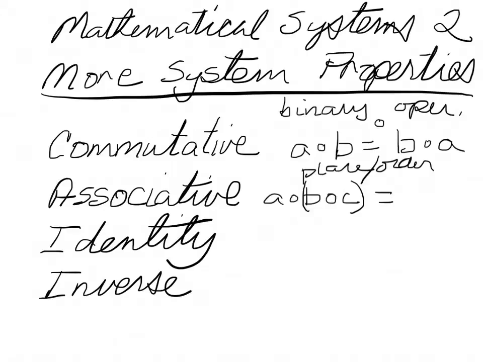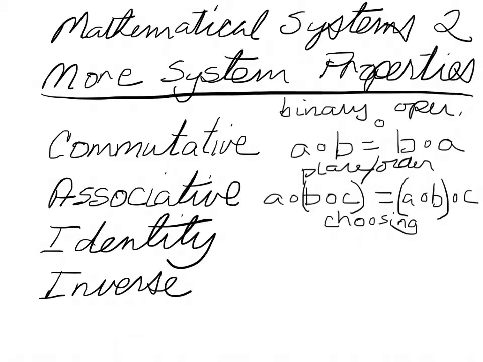And then that's going to be equal to A operated with B operated with C, but using grouping with parentheses, we're going to do the operation on A and B first. So I like to call this a choosing or an order of operations property. In other words, which ones are you going to combine first before you combine the third one?